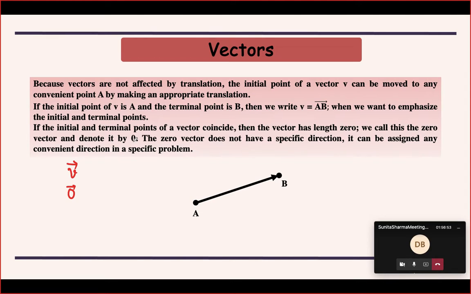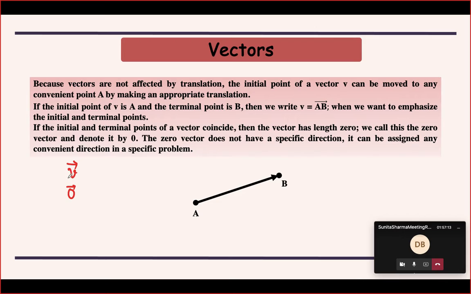So the zero vector will be just given by the number 0 in bold. In books when you're printing, you can do it, but manually when you're writing you should use an arrow on top so that it distinguishes it from any other physical quantity which is not a vector quantity.